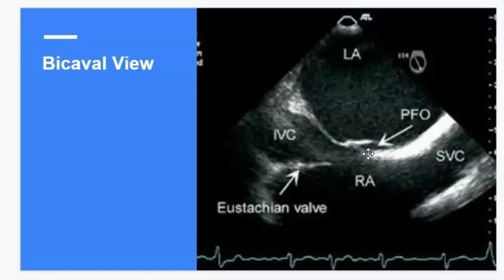We typically perform a bubble study in this view, and if they do have a PFO, we'll obviously see those bubbles cross here. And this is a much more sensitive test for a PFO than the transthoracic, just because of the ability to get up close to that particular structure.